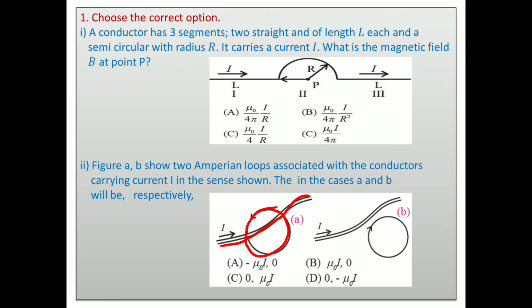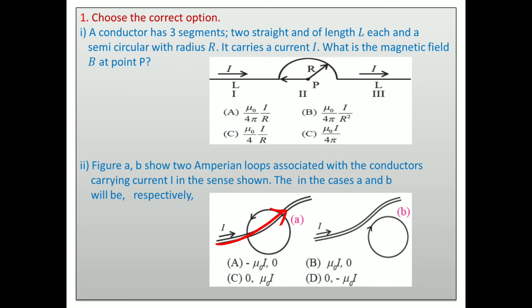When this conductor is passing through the closed loop, then the magnetic induction over a closed loop due to a current carrying conductor is equal to mu naught times the total current. Here the total current is I, mu naught is the permeability of free space, and this is given by mu naught I. But look here, the direction of current is in this direction and the loop is traced in the opposite direction.